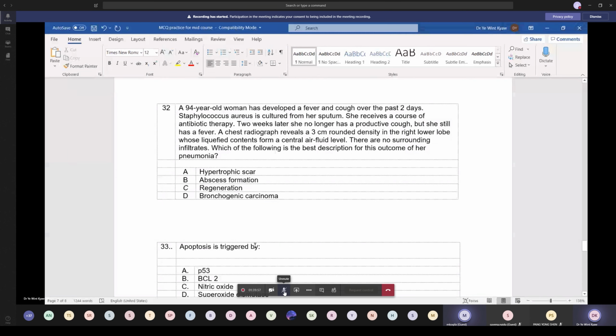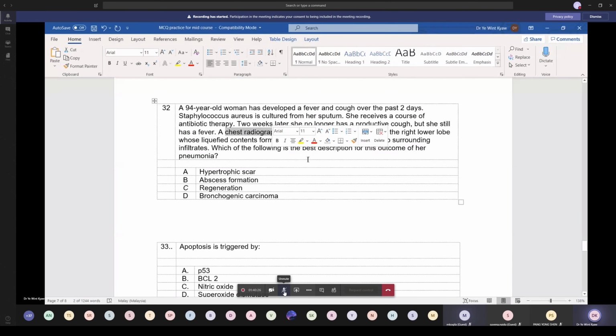If you need to know the air fluid level, for me, I finished clinical radiology. I know air fluid level, and I can answer easily after seeing this only. In clinical radiology, I want to teach you the radiograph appearance and the importance of air fluid level during inflammation. This is quite common in clinical practice.